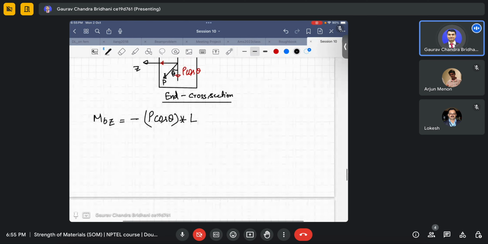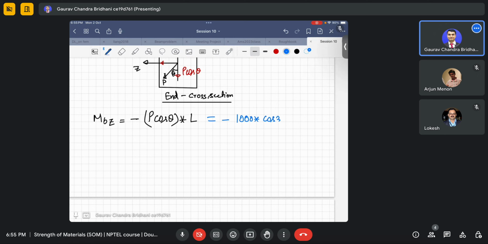Let's substitute the value. Minus P, given as 1000 Newton, cos of 30, into 4000 mm.